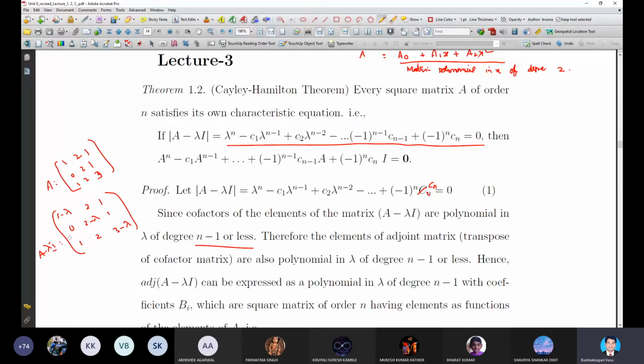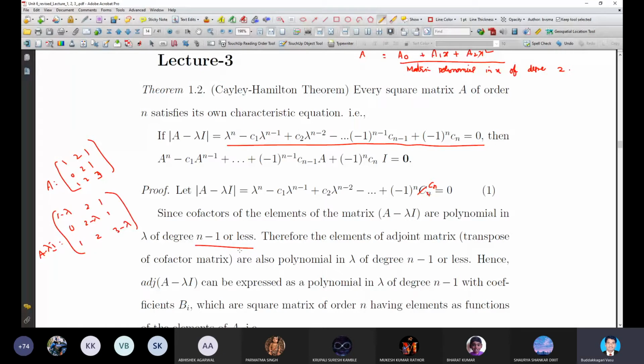If you find the determinant, the degree of the polynomial will be less than n, that is n minus 1 or less. Okay, understood? So each cofactor of the elements of the matrix A minus lambda I is a polynomial in lambda of degree n minus 1 or less.